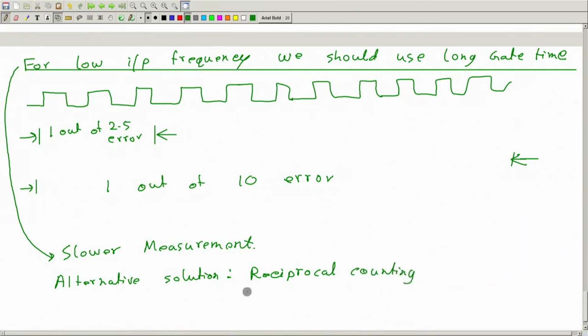which is similar to measurement of time period instead of frequency. Okay.